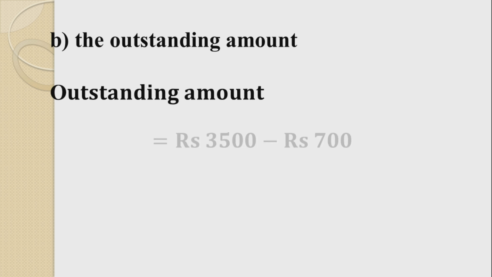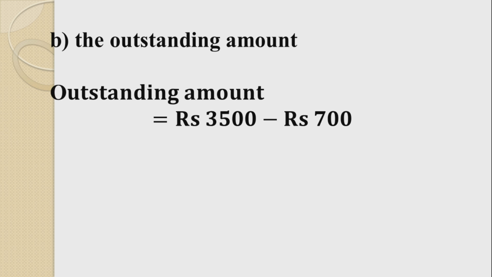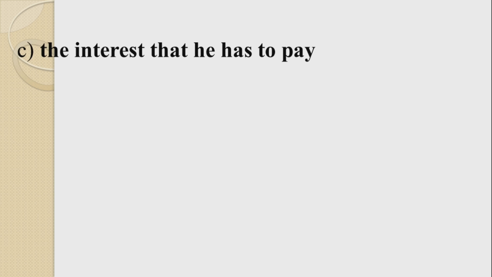The outstanding amount is 3,500 rupees minus 700 rupees, that is the deposit, which gives 2,800 rupees. Part C of the question is to calculate the interest that he has to pay. Interest is calculated by the formula P times R multiplied by T divided by 100.